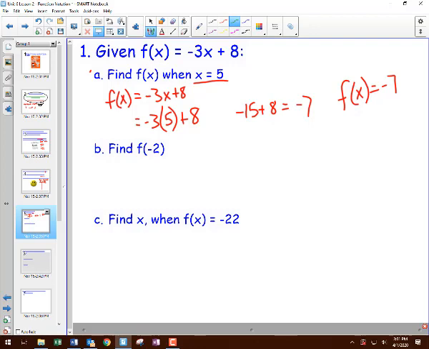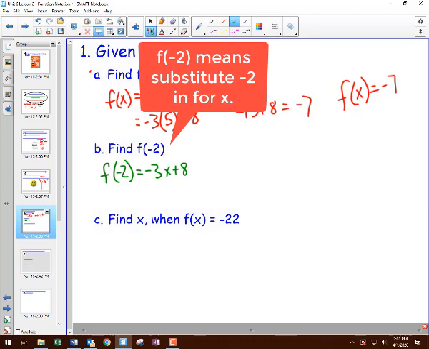On to B. Find f of negative 2. Once again, we'll come right back up here and use the same equation, negative 3x plus 8. Now, negative 2 needs to be substituted in for x.